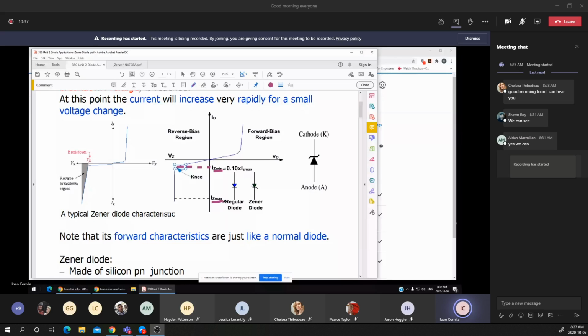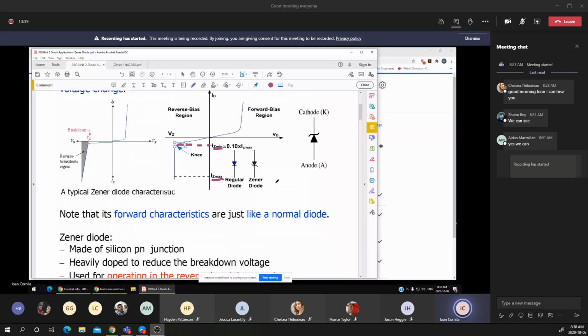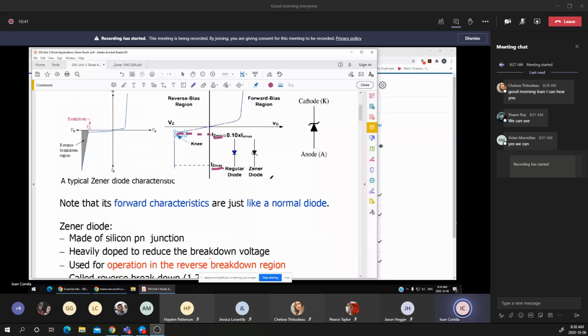In terms of the symbol, I put those two symbols side by side. A regular diode has that symbol with an A and a K, while a Zener diode has the symbol on the cathode twisted, under a certain angle. In this way, we can differentiate the regular diode symbol from the Zener symbol.